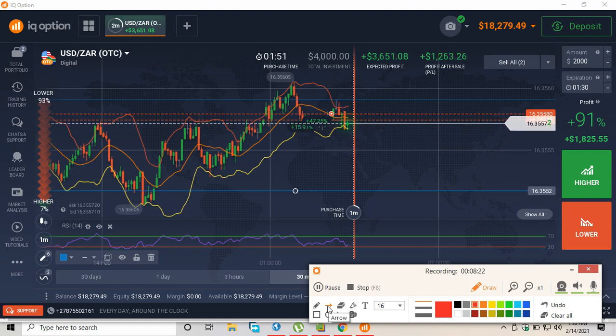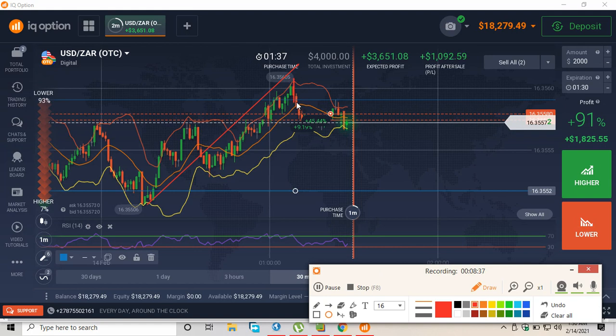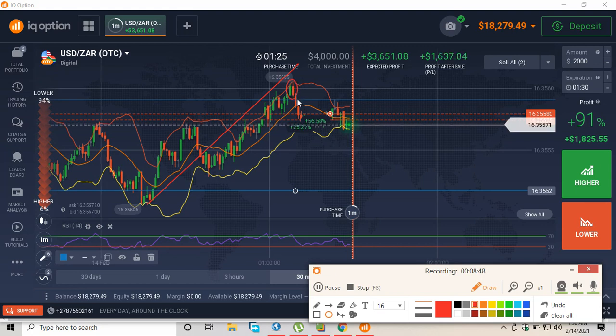What I'm trying to say is we have the market pushing up, right? And then after it pushed up, it gave us this swing over here. So this swing is an indication that the trend is changing, but we're not gonna guess that the trend is changing.